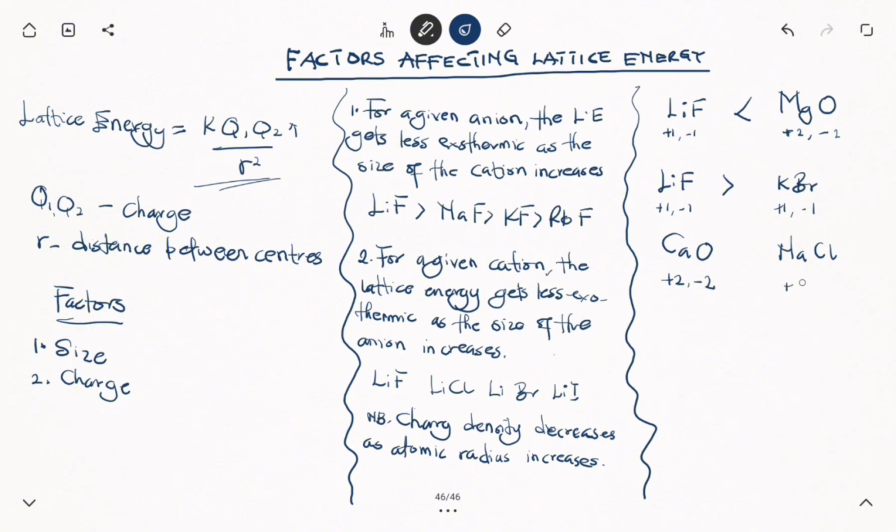Sodium is +1, chlorine is -1. Okay, now straight away we can look at the charge differences. Calcium is +2, oxygen -2. So if you look at the product between the two, looking at the formula, it is clear that calcium oxide will have a higher lattice energy compared to sodium chloride.